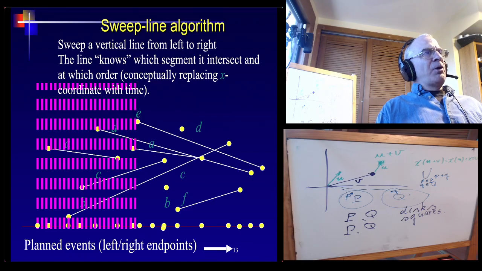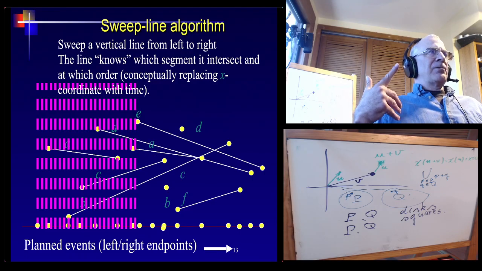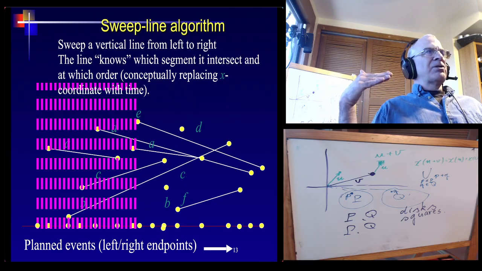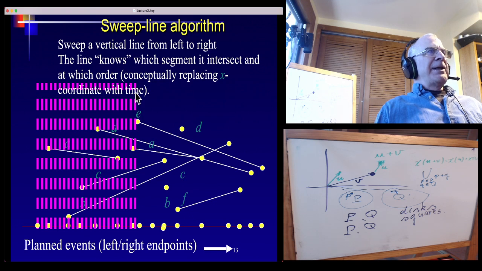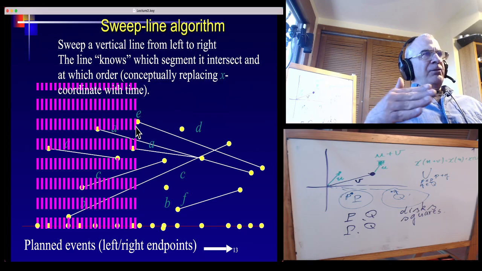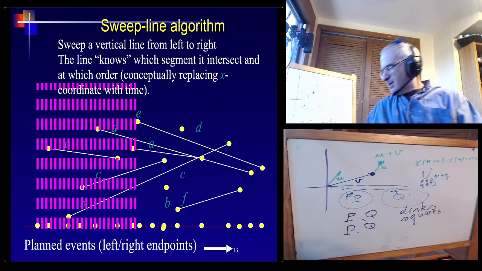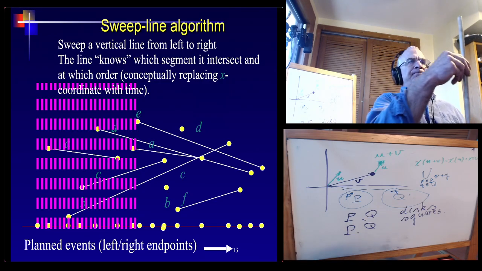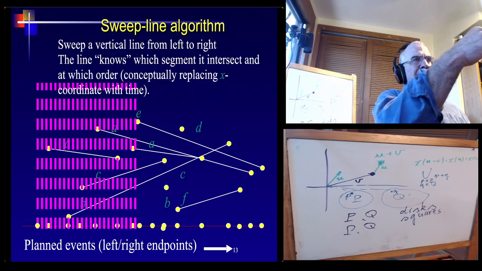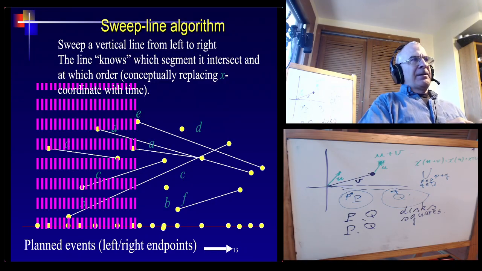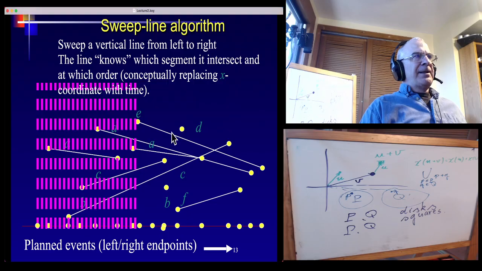And at each moment, what this line needs to know is the status. I'm going to use this word quite a lot. Status will mean at every moment the line needs to know who are the segments that it crosses. Don't confuse between the line and the segments. The line is a broom you are sweeping the plane with, and the segments are the data.